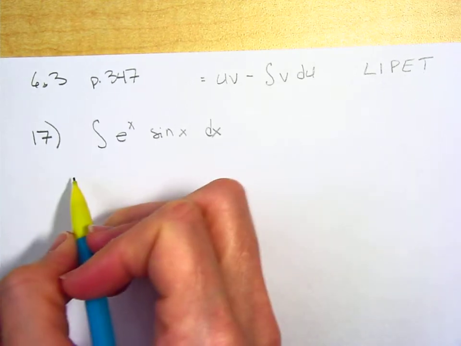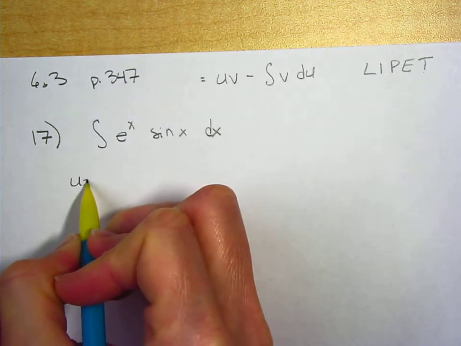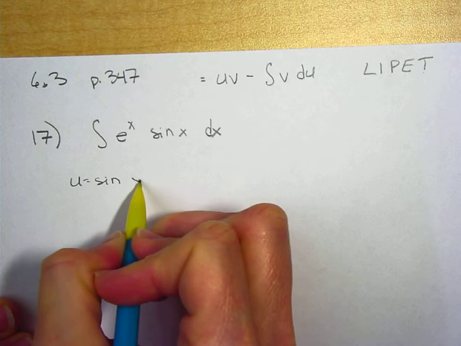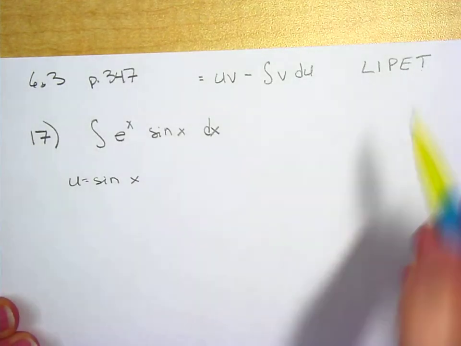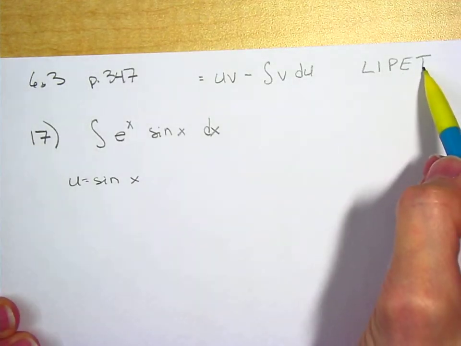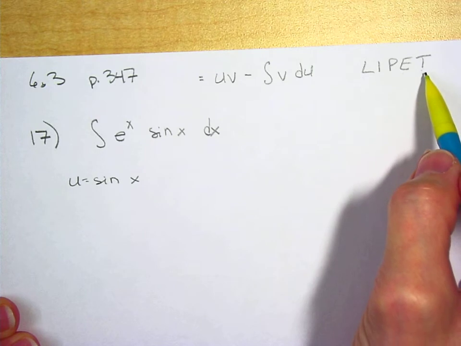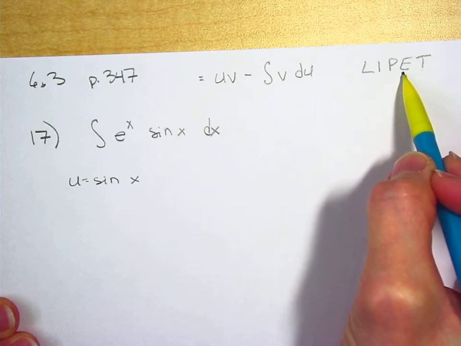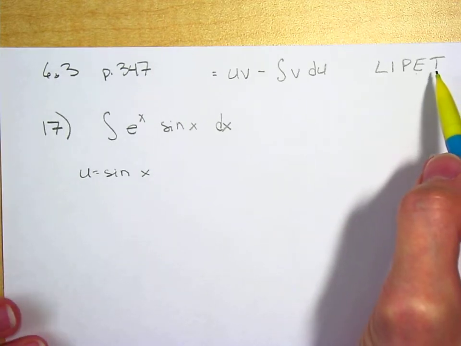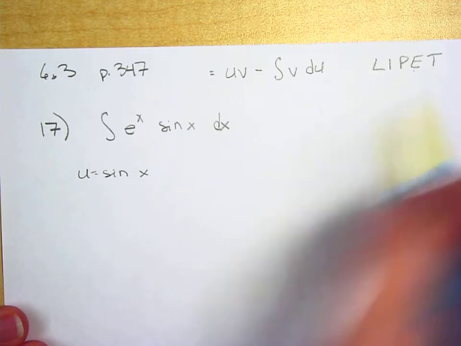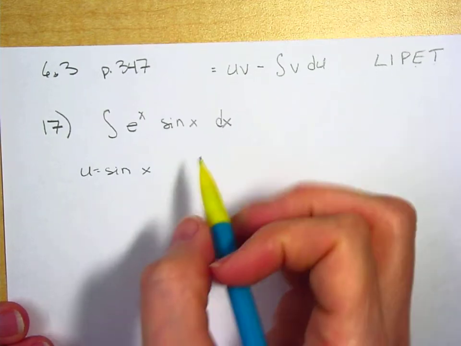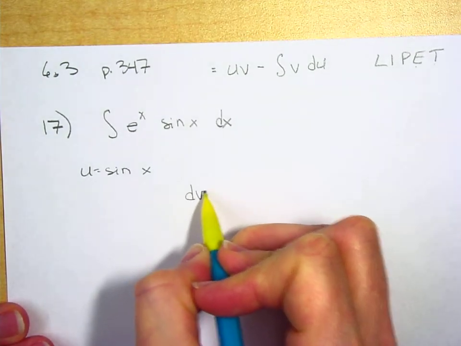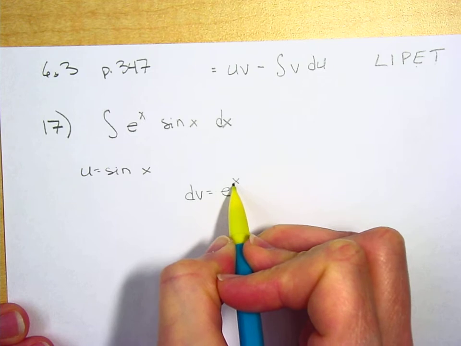I'm going to go ahead and pick u equals sine of x. So that's my trig, which would normally be my last. You could do u equals e to the x, and you're going to get to the same ending. You'll see this ends kind of strange. So then my dv is going to be e to the x.